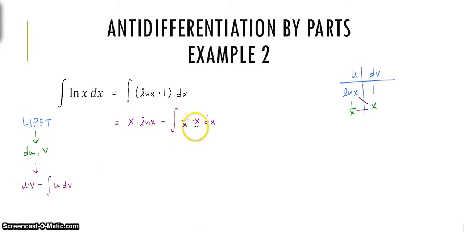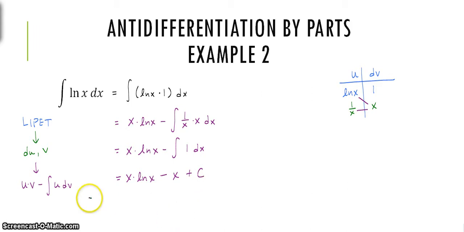And look what happens here. It becomes something very simple that we can integrate. It's x times natural log of x minus the integral of 1 dx. And now we can do the antiderivative there, so we have x times natural log of x minus x, and then plus c at the end.